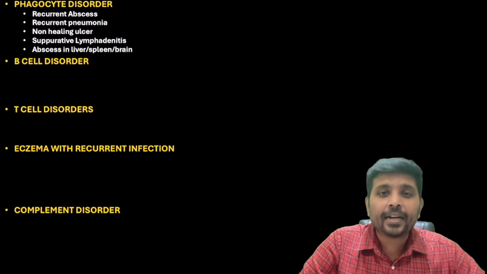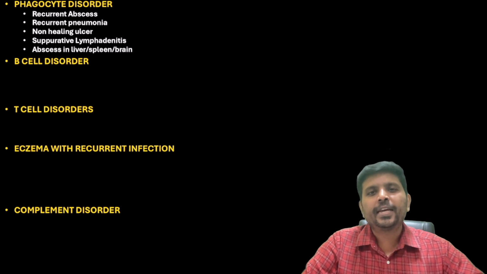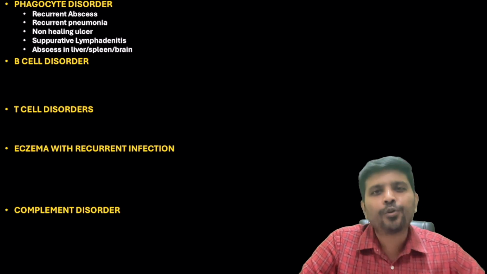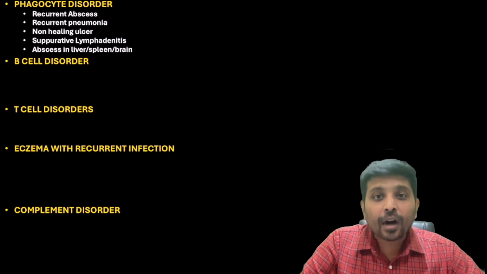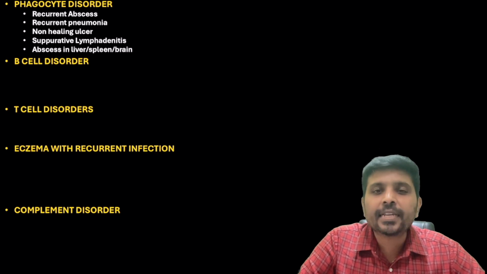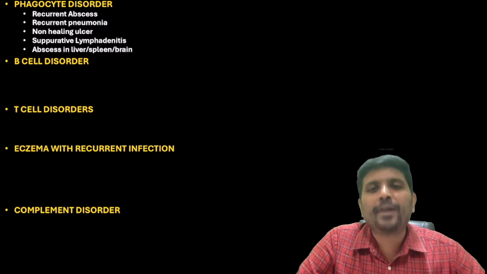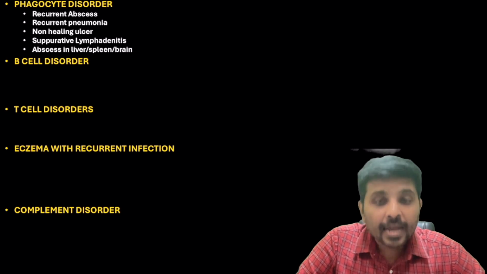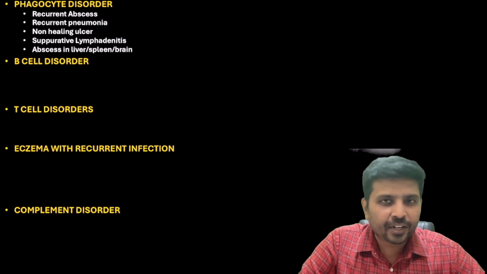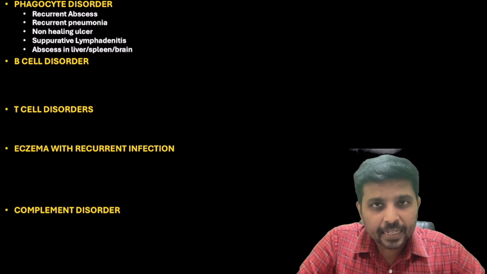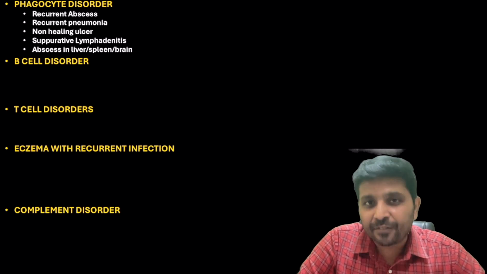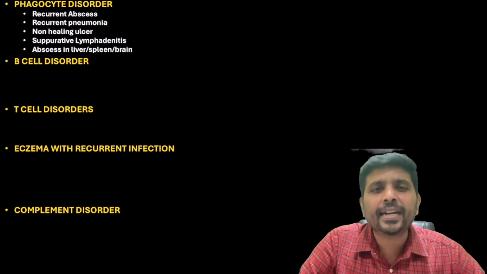It can be recurrent deep-seated organ abscess. It can be a persistent pneumonia, or it can be a non-healing ulcer resembling ecthyma gangrenosum. So remember, apart from suppurative infections, a non-healing ulcer can also be a manifestation of a neutrophil defect.